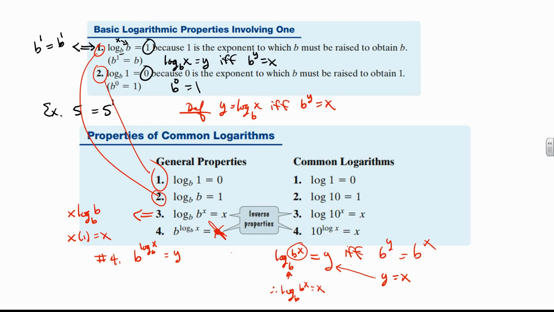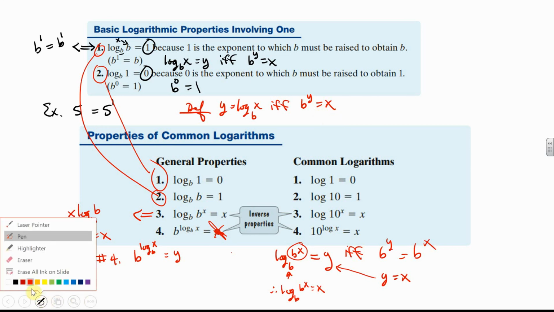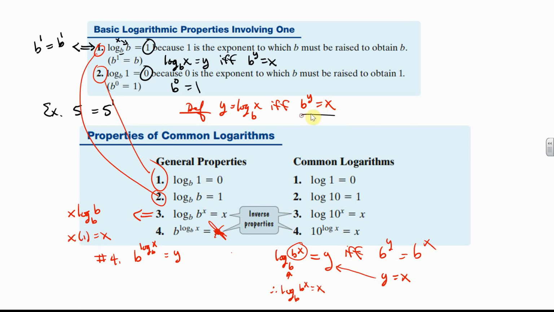So I'm going to apply the definition to this. This number 4 is already written in the exponential form. So I'm going to convert this statement from the exponential form and put it in log form. So I got the base b there, right?